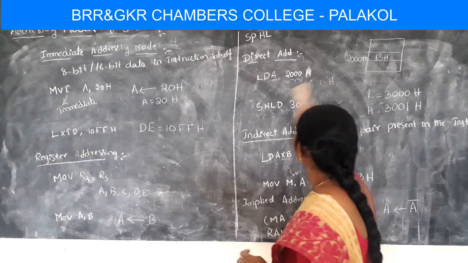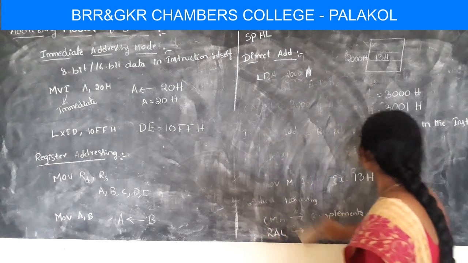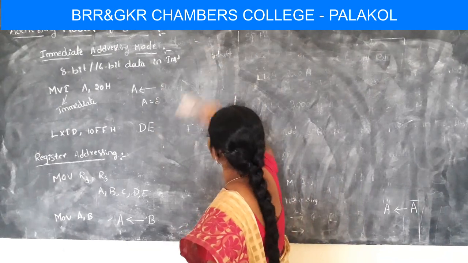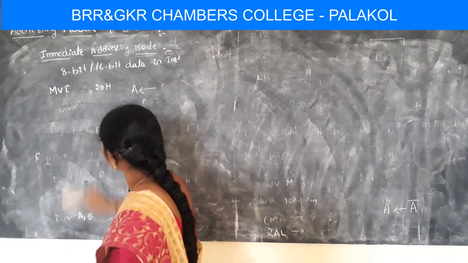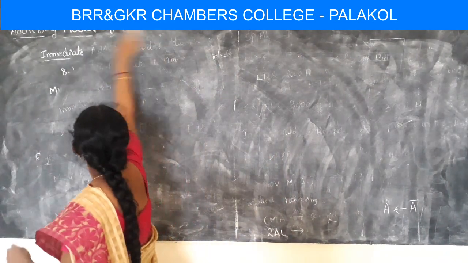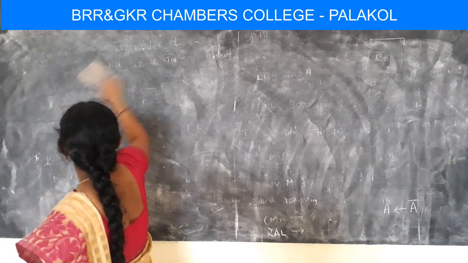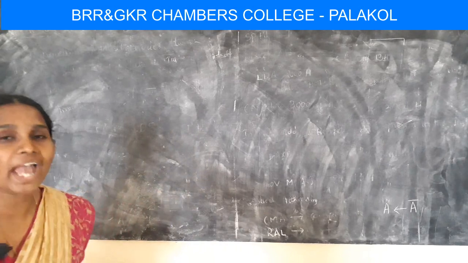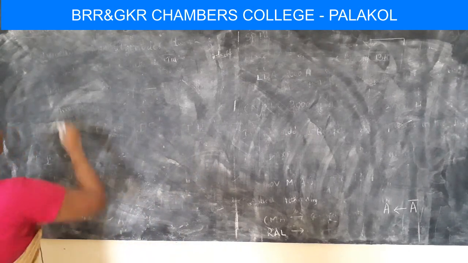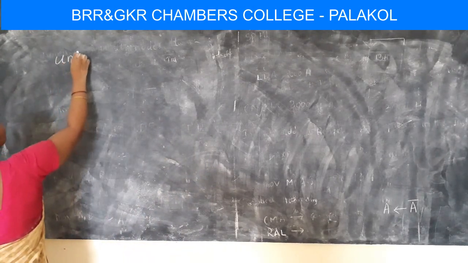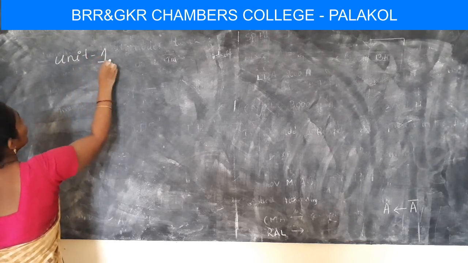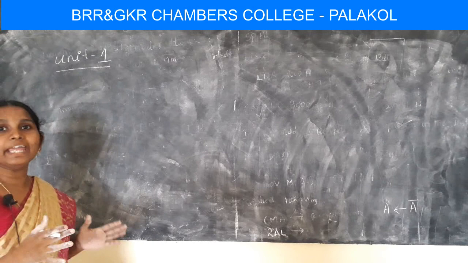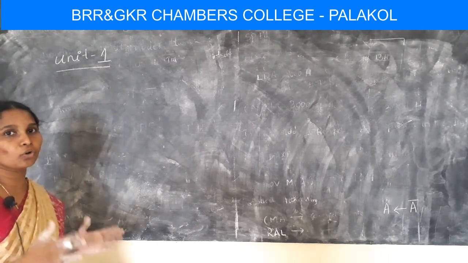Up to now we have discussed unit 1, which is the architecture of the 8085 microprocessor.